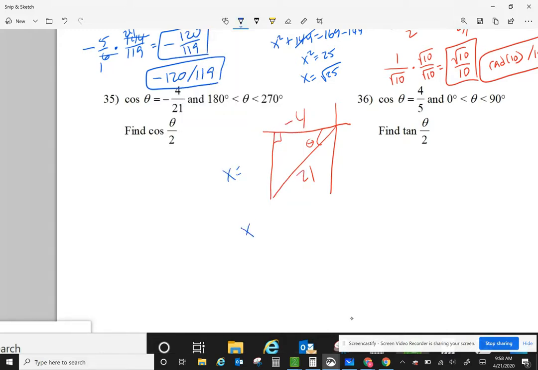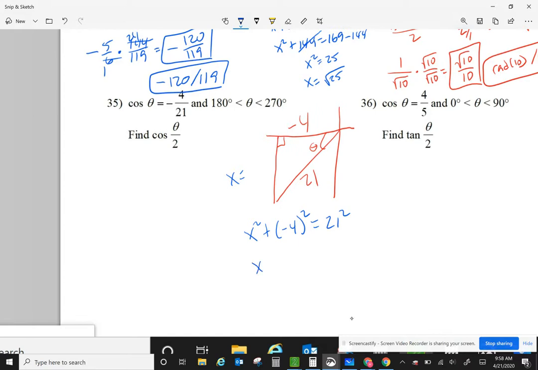So I have that x squared plus (-4) squared is equal to 21 squared. So I have that x squared plus 16 is equal to 441. Let me subtract 16. So I have that x squared is equal to 425.